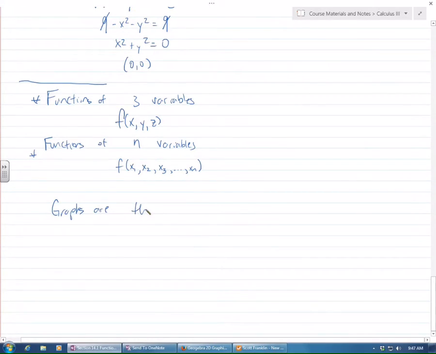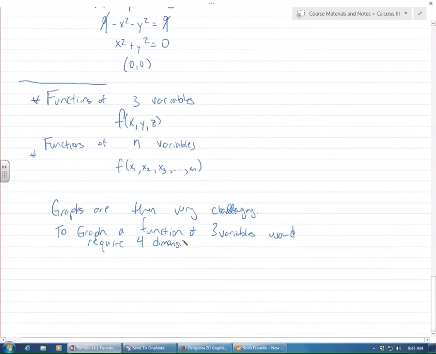are then very challenging. Right? To graph a function of 3 variables would require 4 dimensions. Right?